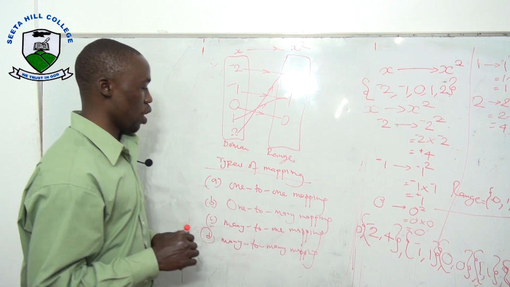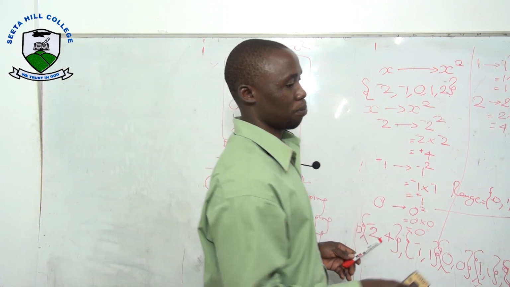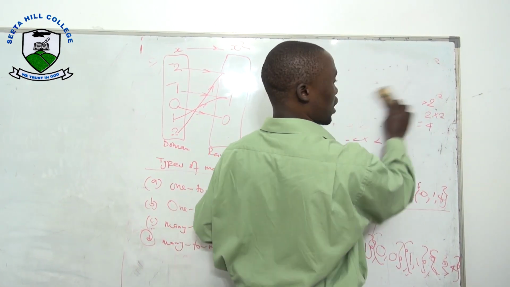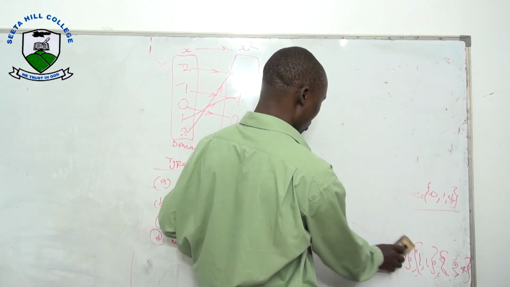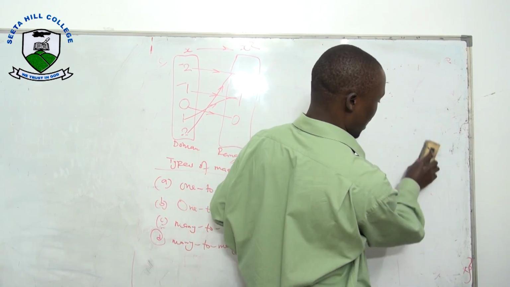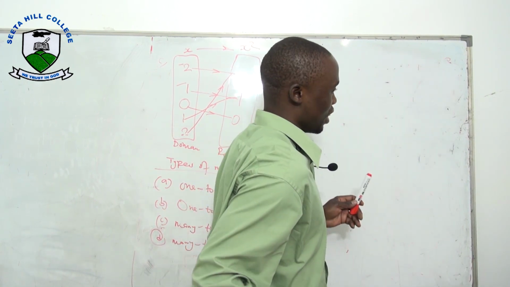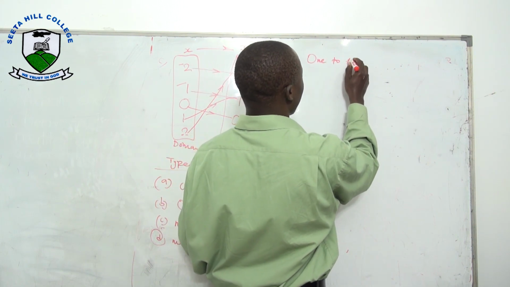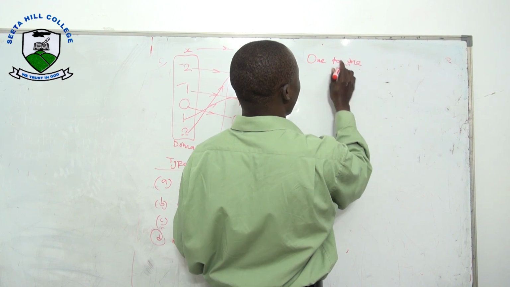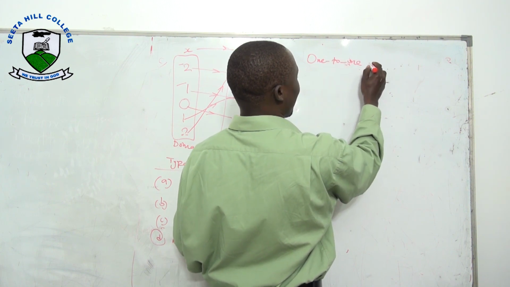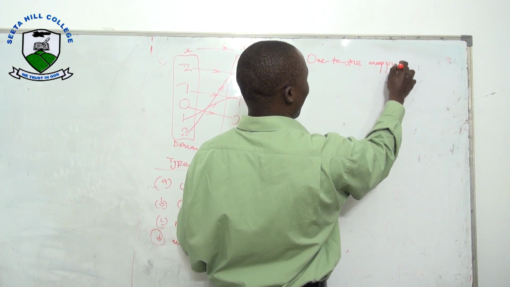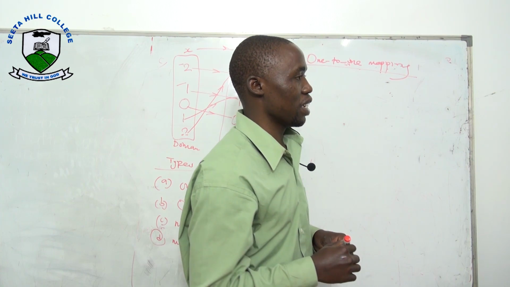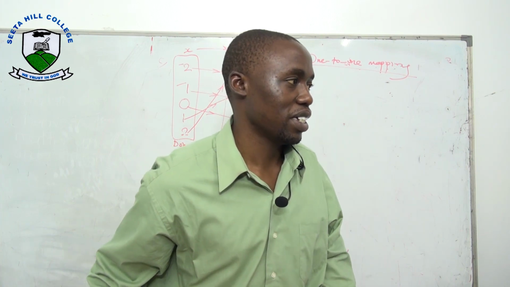Let us start with one-to-one mapping, and I'm requesting somebody to define for us which type of mapping that is. Yes, Grace. One-to-one mapping is a type of mapping where each domain has its own range, where every element in the domain corresponds to only one element in the range.